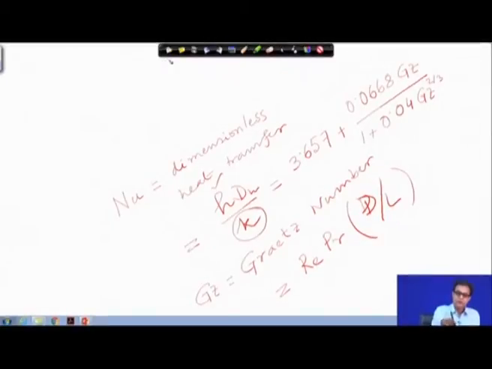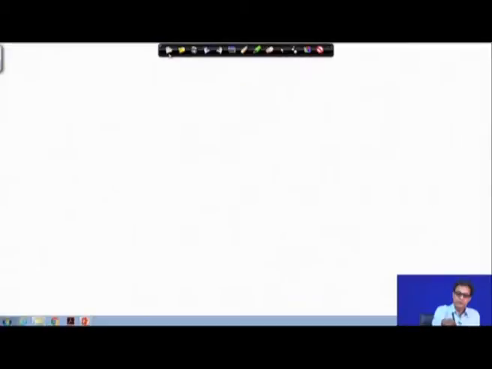So, this is about the laminar flow region, and when we have turbulent flow, in that case this friction factor will be 0.316 Re to the power minus 0.25, and this is for the Reynolds number range between 3500 and 2 into 10 to the power 4.